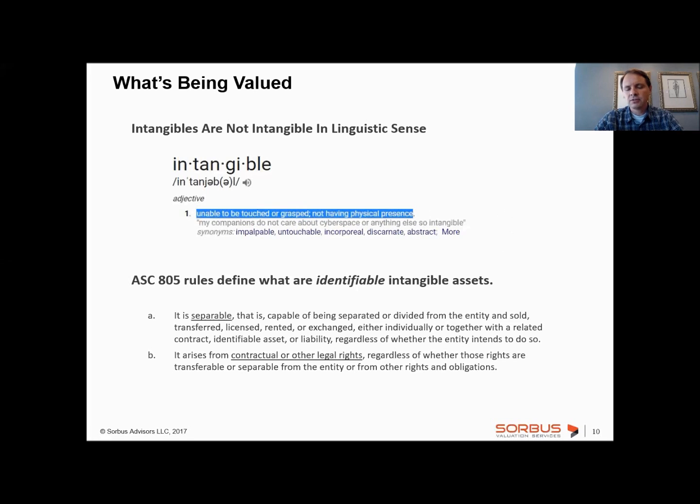We don't value things like corporate culture, and we don't value things like customer loyalty, although it may somehow be included or incorporated, but not separated from everything else. What we value under ASC 805 is something that's separable from the entity and something that has contractual or legal rights attached to it. When we think about software code, it's very clearly visible.